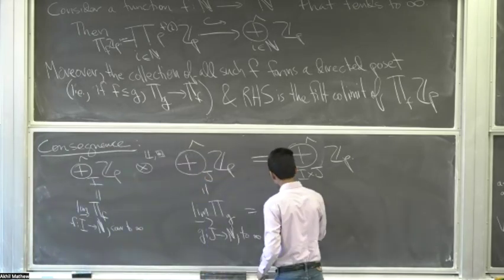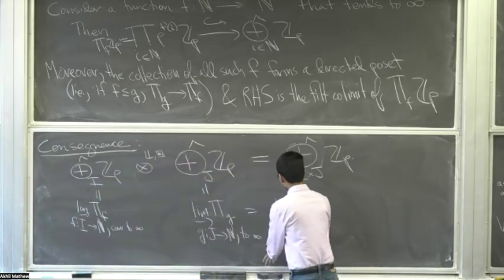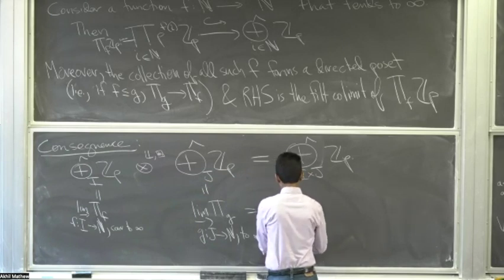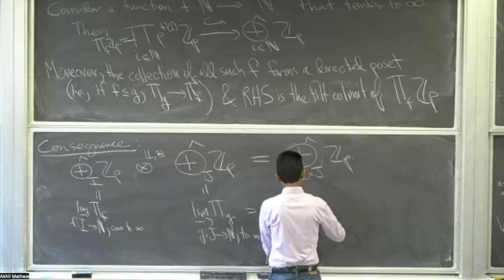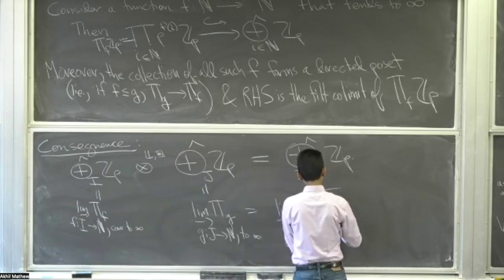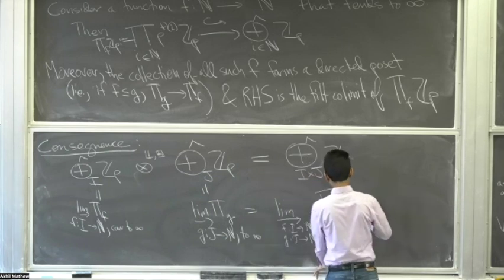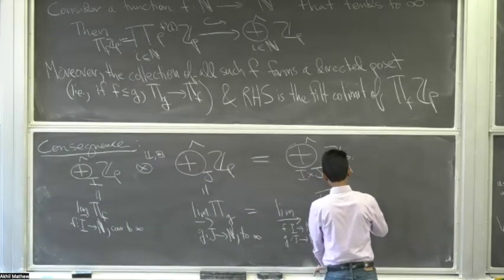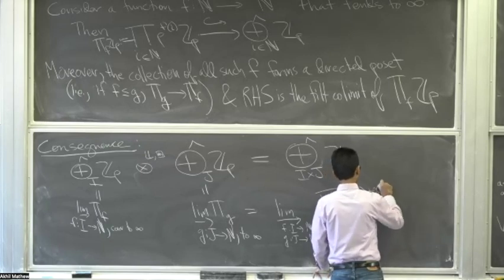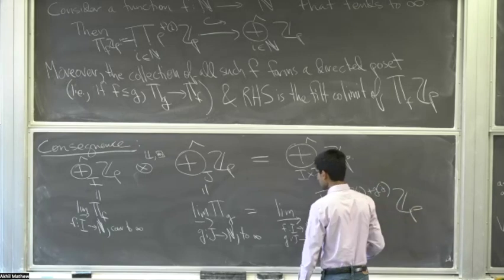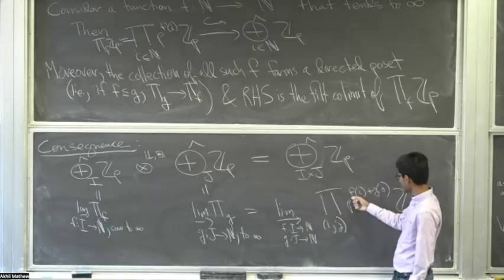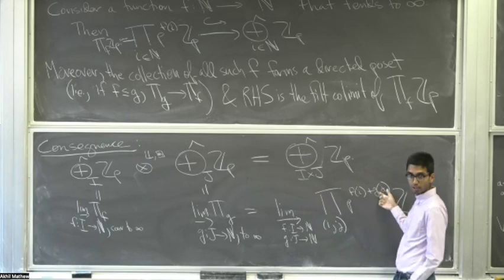So this tensor product becomes a colimit over all f from I to the natural numbers, g from J to the natural numbers, of, let's say, the product over I, J of p to the f of I plus g of J. And now the point is that these functions of the form f of I plus g of J are cofinal.